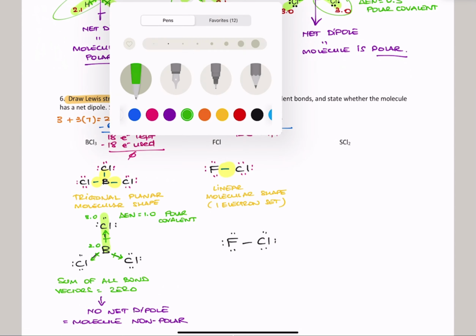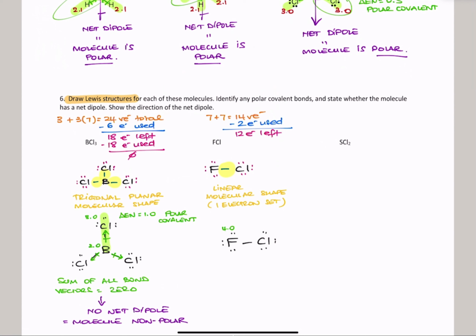F has an EN of 4.0, Cl has an EN of 3.0. So the delta EN is equal to 1.0, again, which gives me a polar covalent bond where the electrons are pulled toward the F. There's only one bond, therefore the net dipole has the same direction. I do have a net dipole, therefore this molecule is polar.